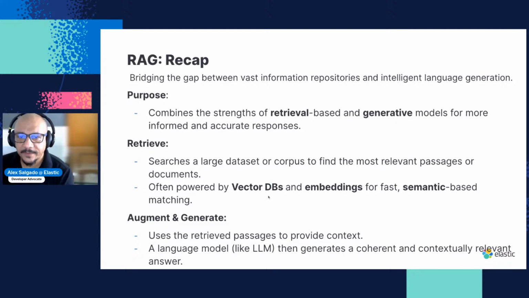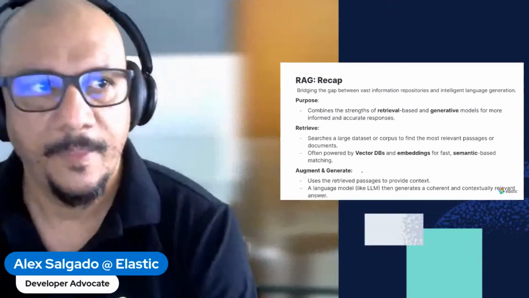In the retrieval phase, it searches a large database or corpus to find the most relevant passages or documents, often powered by vector DBs and embeddings for fast semantic-based matches. And the augment and generate phase uses the retrieved passages to provide the context. The LLM model then generates a correct and contextually relevant answer.